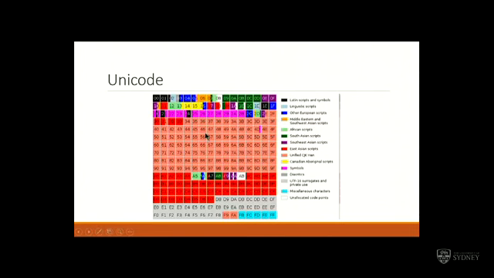The bulk is taken up by the various Chinese and East Asian scripts, where you have characters that map to specific words, so obviously much larger vocabularies of characters. And you can see that with Unicode you're able to represent a much larger set of possible characters.